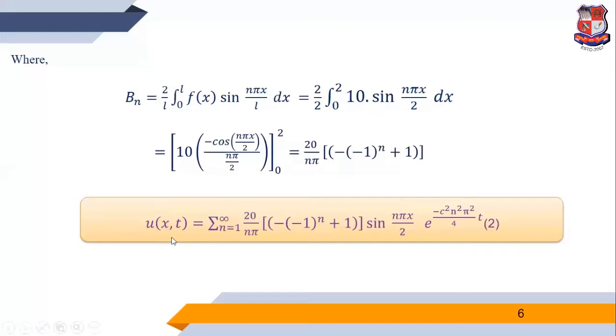The solution is u(x,t) is equal to summation n is 1 to infinity 20 by n pi into 1 minus (minus 1) raised to n into sine(n pi x by 2) e raised to minus c square n square pi square by 4 into t.